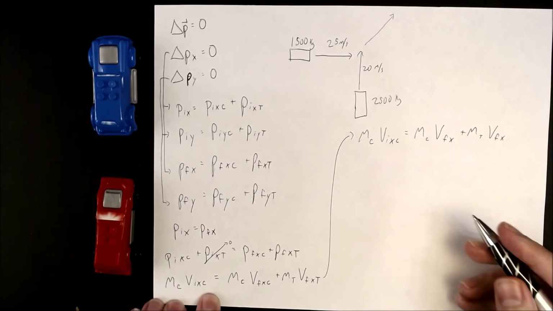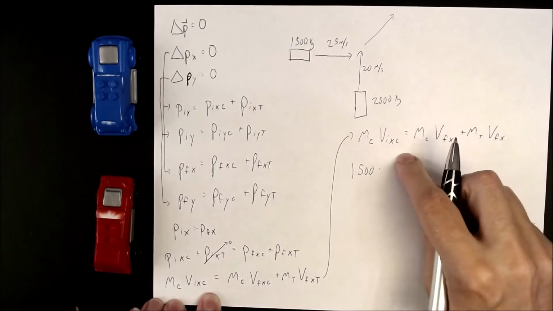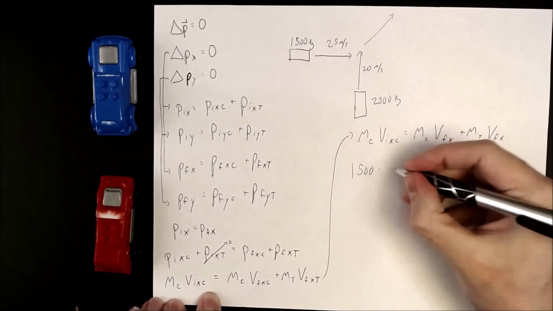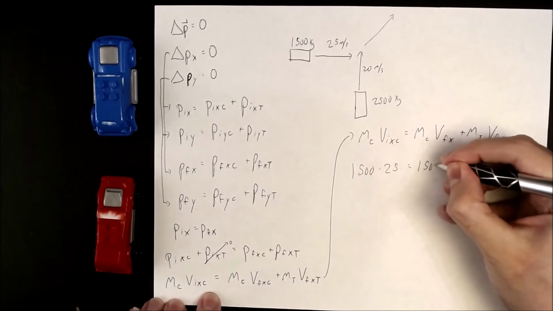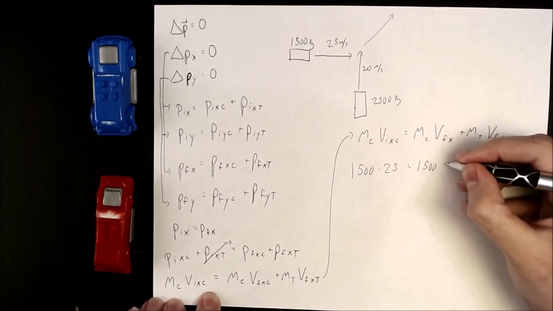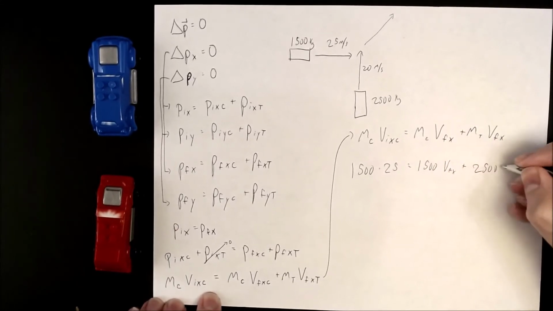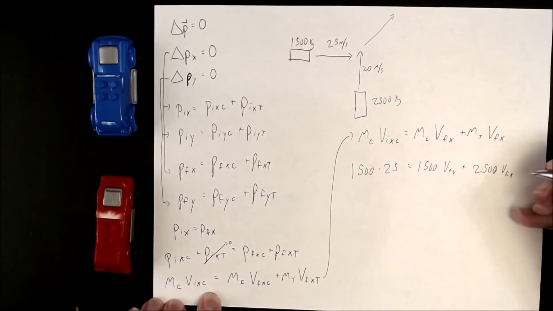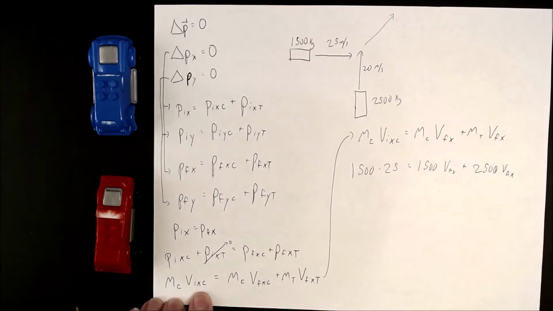We can plug in the values that we know. 1500 times velocity initial x car, 25, is equal to mass of the car, 1500, velocity final x, plus mass of the truck, 2500, velocity final x. Actually, we've just got one equation and one unknown here, so we can solve this.